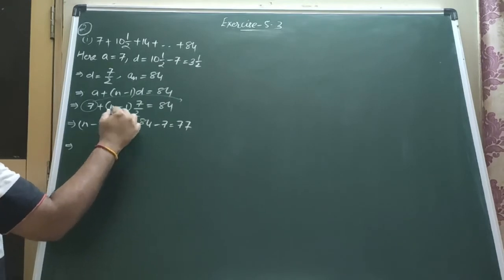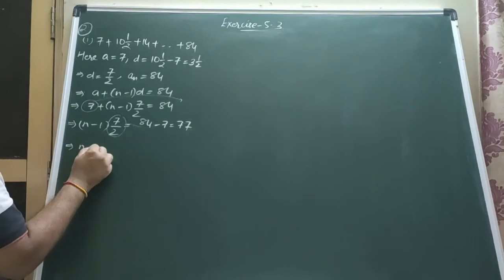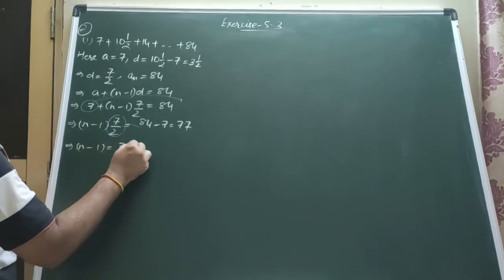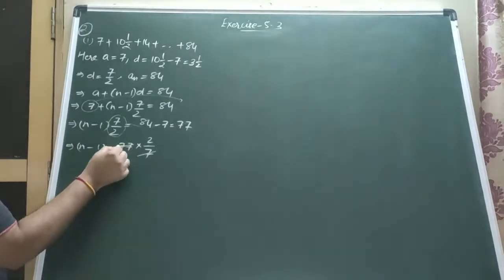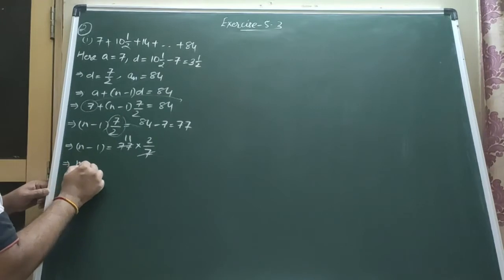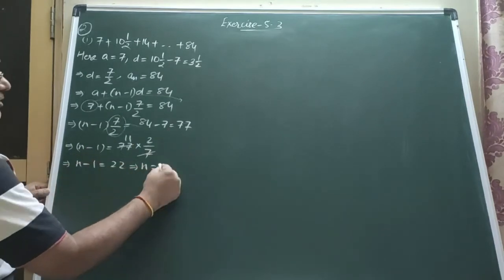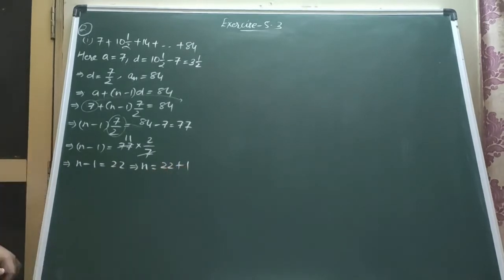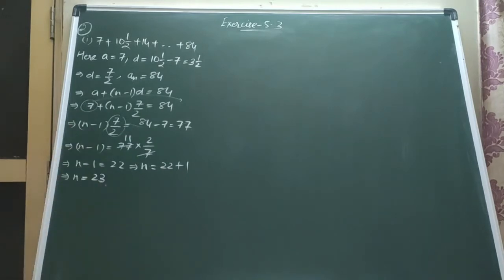Now shift 7 by 2 to this side, so it will be cross multiplied, and it becomes 2 by 7. Cross multiply, so this cancels. 7 11s are 77. So we'll get n minus 1 is equal to 22. We'll shift minus 1 to that side, it will become plus 1. So finally n is equal to 23.